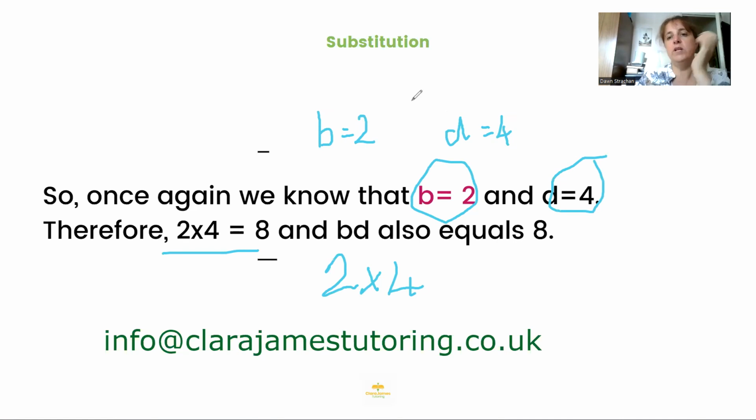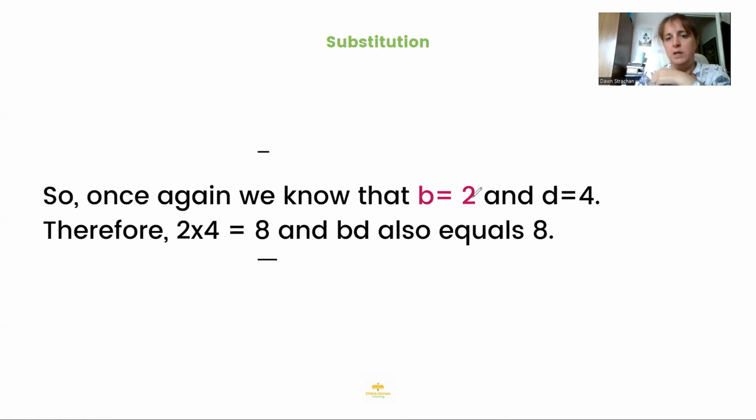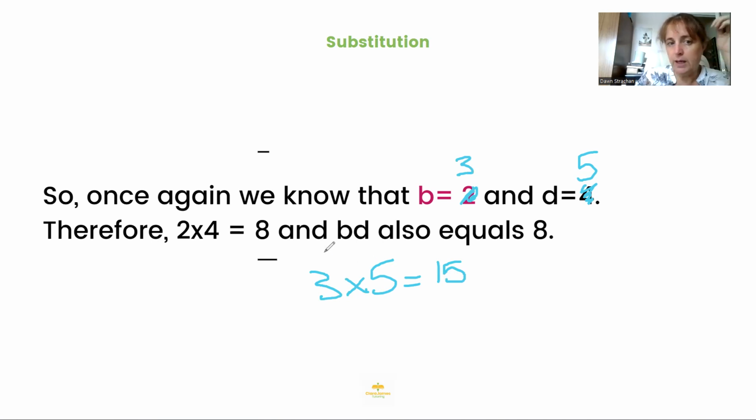Again, we can change that. So let's change that for 3 and that for 5. This time we would have B equals 3, so 3 times D equals 5. This time our answer would be 15. So that would be how we would work out B times D, or BD.